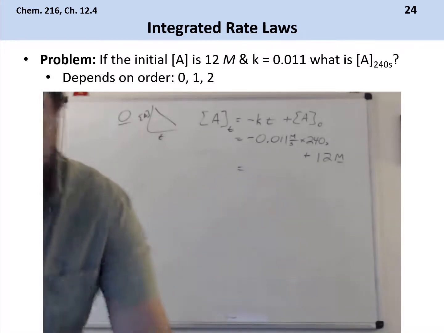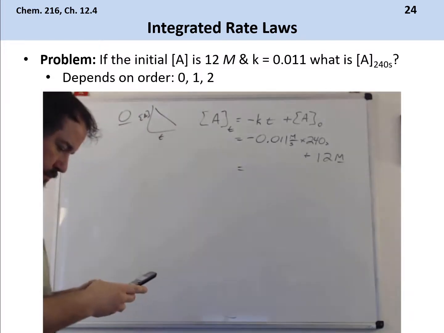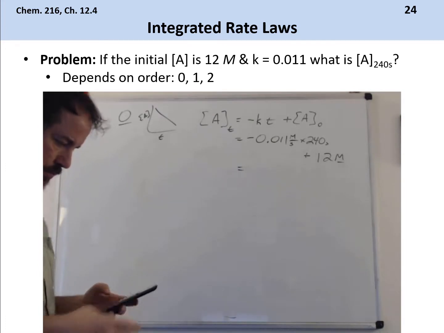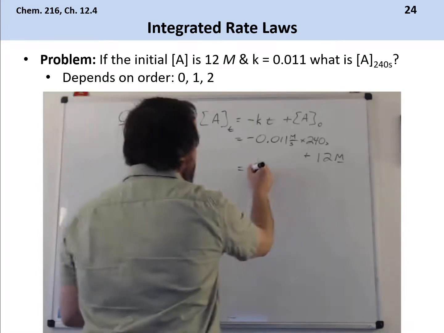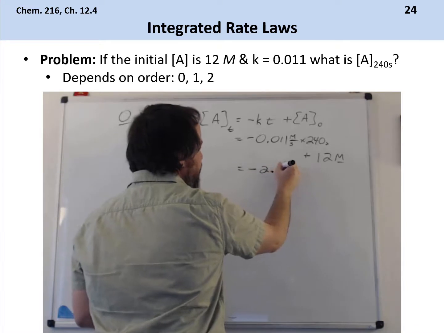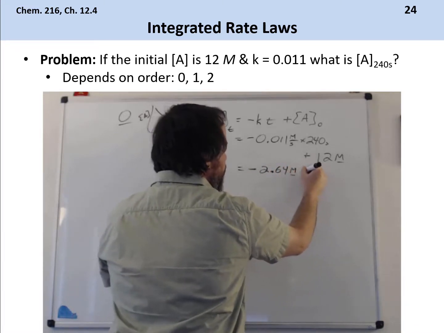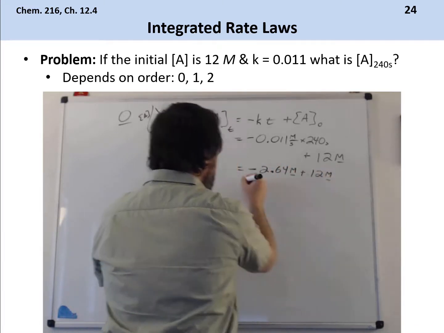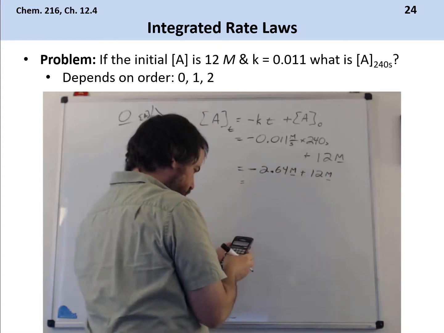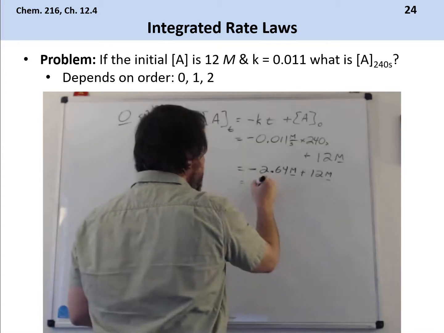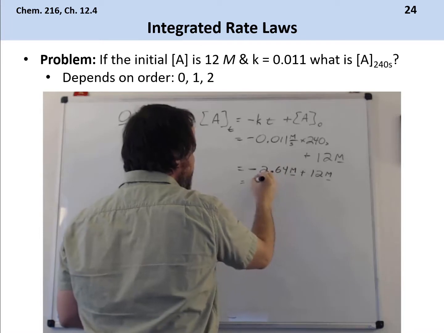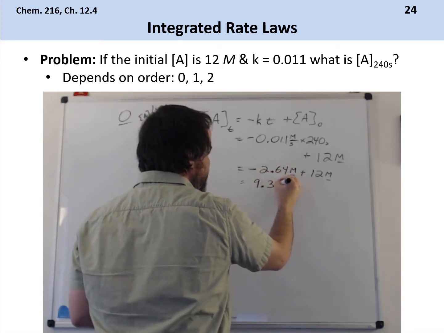This ends up getting me negative 2.64 molar plus 12 molar. That's going to get me 9.36 molar.